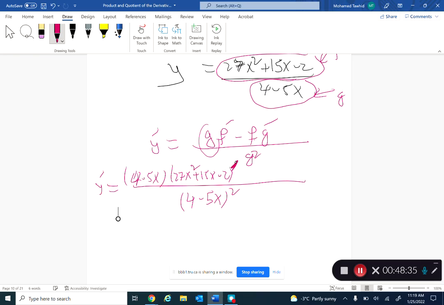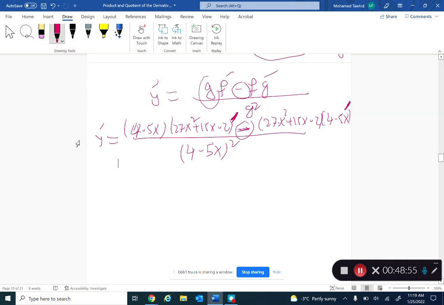I just put prime here, minus, what is the sign here? Minus, and then f. What is your f? 27x squared plus 15x minus 2, g prime. What is g prime? It will be 4 minus 5x, prime here, right? So I have to get the prime here. What is the prime here? So you have 27x squared plus 15x minus 2, prime, right?